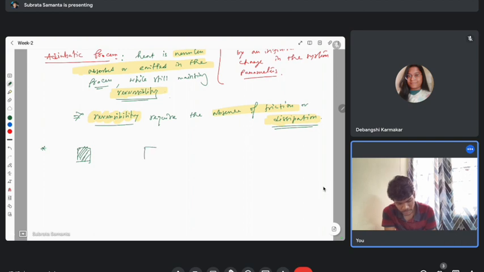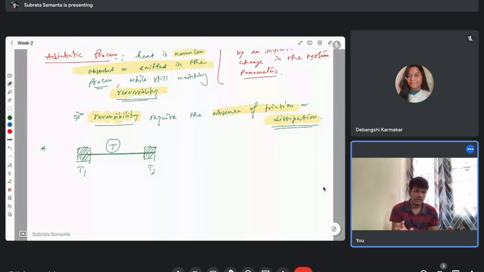So let's say these are T1 and T2, put in thermal contact, so they end up with the same temperature, right? That is the thermal equilibrium. When you connect two systems at different temperatures and put them in thermal contact, they end up with the same temperature.